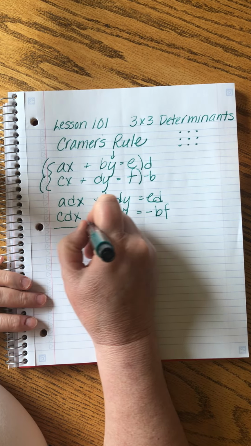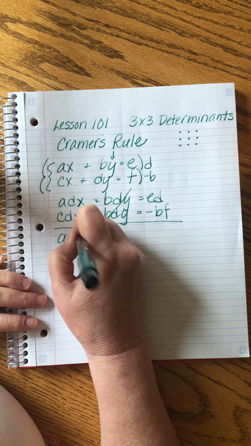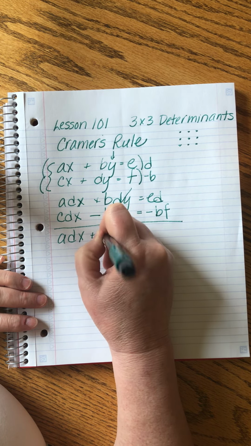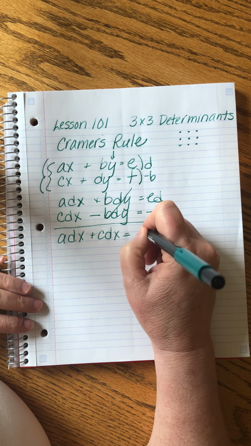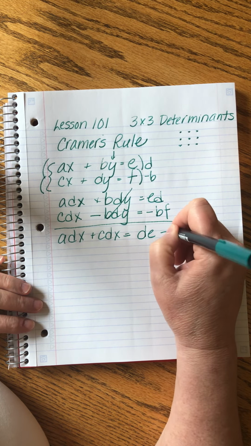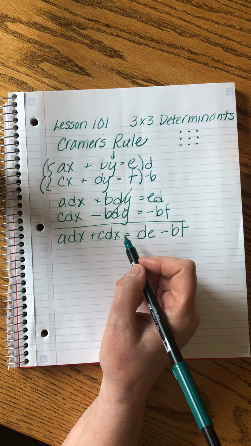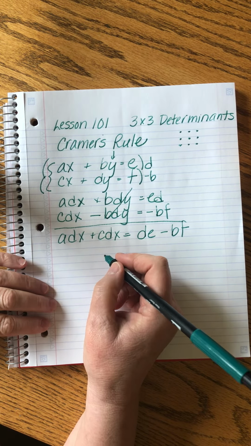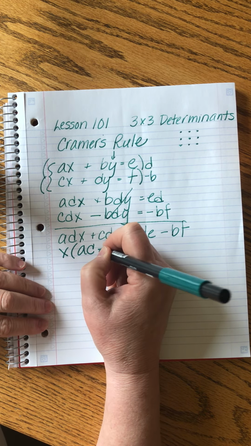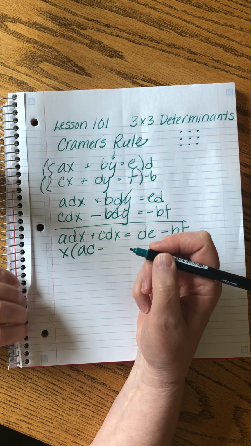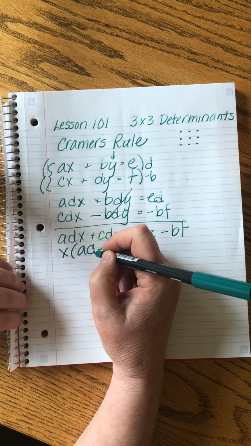Now we add. Those cancel. We get ADx plus CDx equals, and I'm going to fix that alphabetical problem, DE minus BF. Now we want to set this up so it's x equals, so we'll factor out the x. It's AD minus CD.